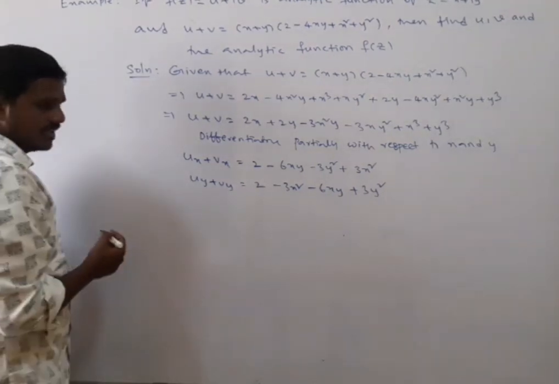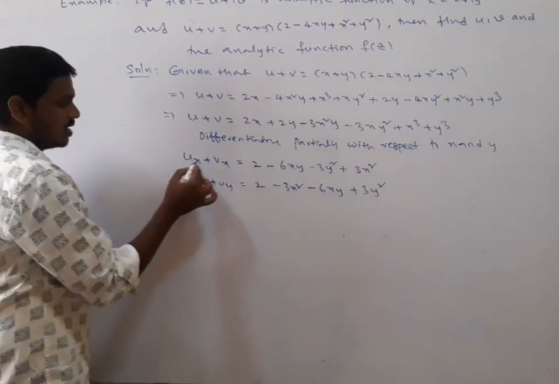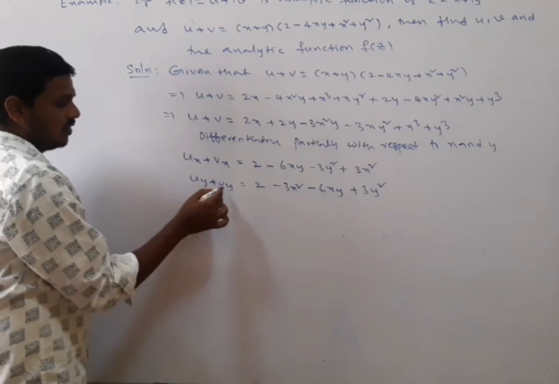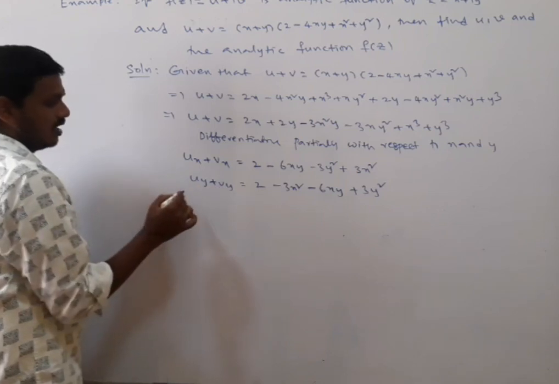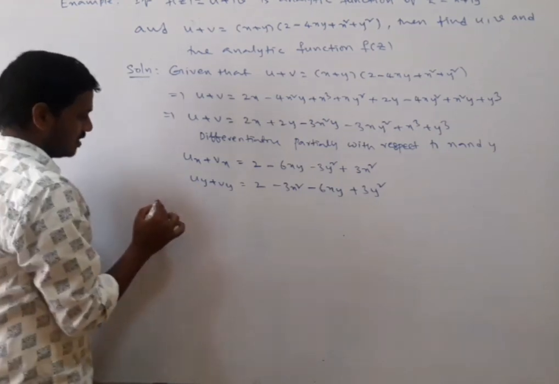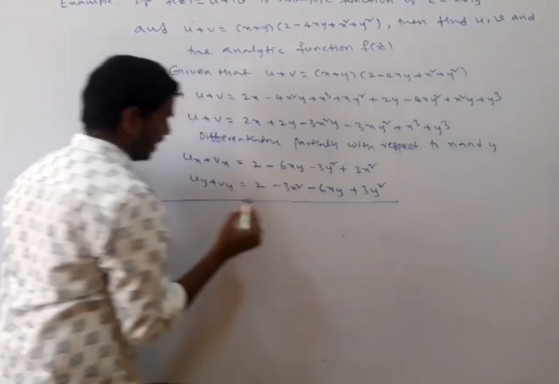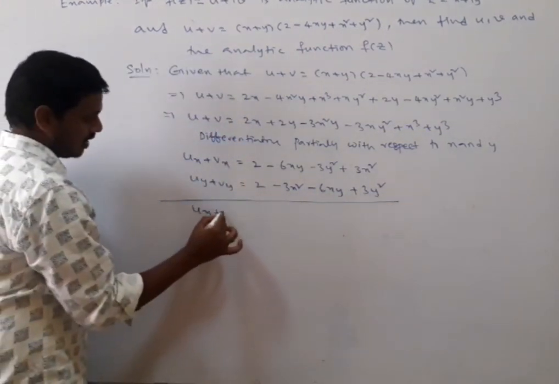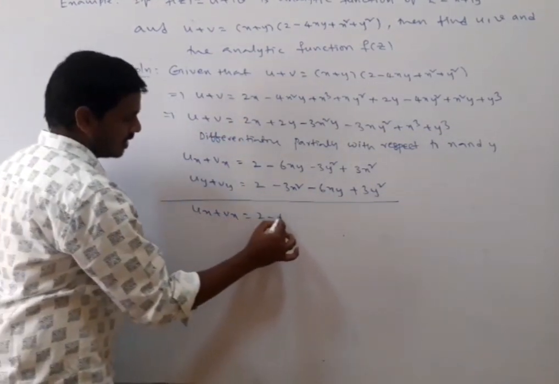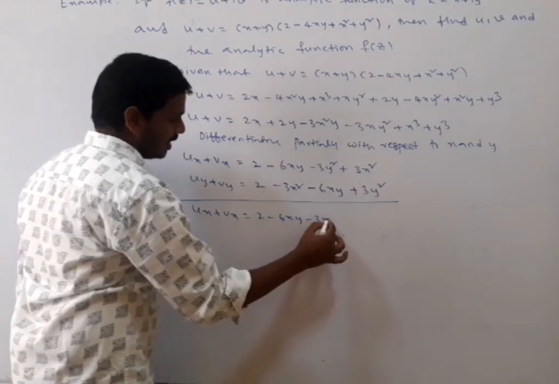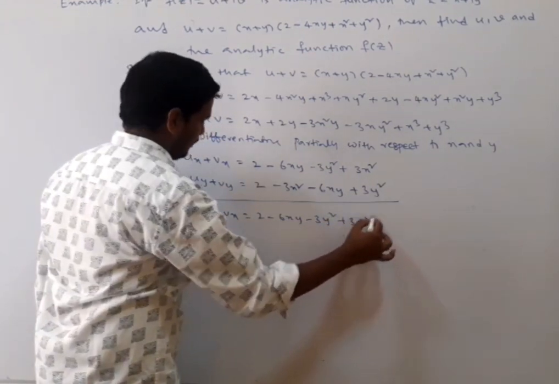Now I am going to apply the CR equations, right? Using the CR equations, this can be written as ux + vx = 2 - 6xy - 3y² + 3x².